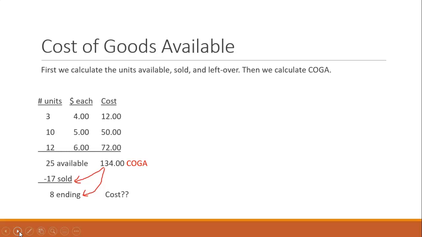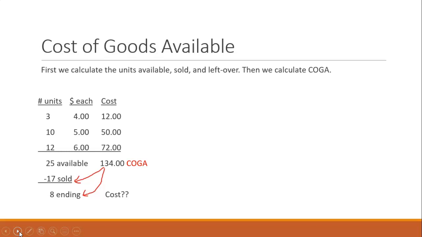So that was a total of 17 units that we sold during the month. And so if I subtract the 17 units that were sold from the 25 that were available for sale, then I have 8 units that are left in my ending inventory.